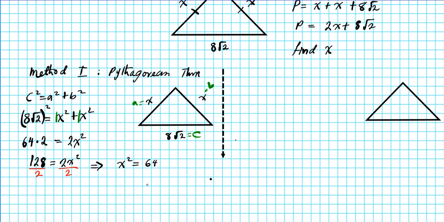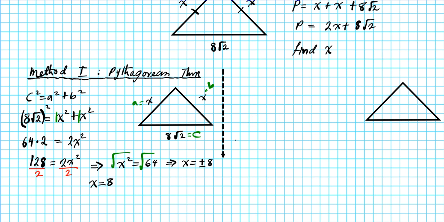To get rid of the square, we take the square root, and that gives us x equals, anytime you take the square root of a square, you have plus or minus, okay? So plus or minus 8. Now, since x represents the measure of a triangle, a length, it has to be positive, okay? So x is going to be positive 8. Now, this is one way you can find x using the Pythagorean theorem. It's not the fastest way, though.